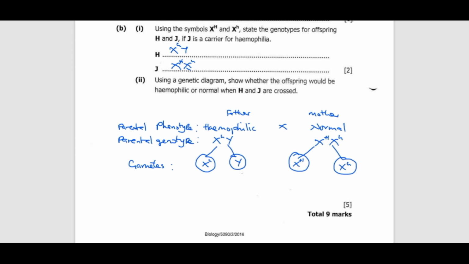So the next step is the second generation. Never forget this, because this is where they've taught us to say the second generation after they had children, family A and family B, and then the children had to be crossed.